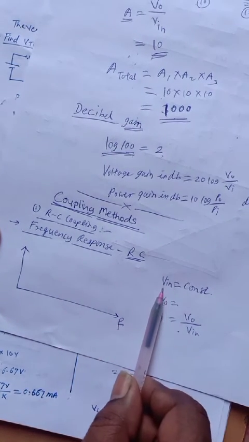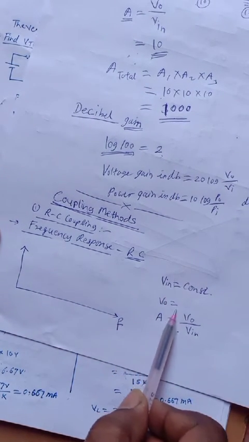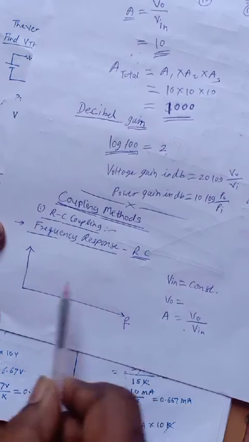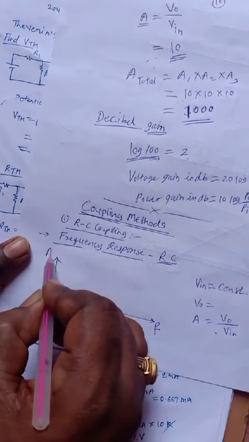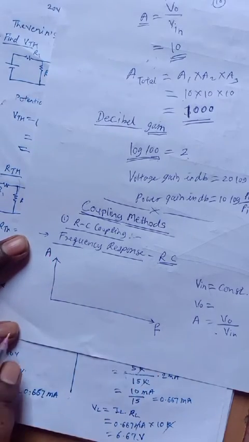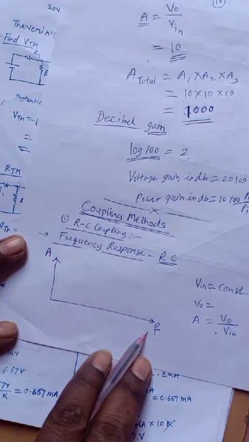We are not changing the input voltage, but still the output voltage changes because of the change in frequency. So we observe the variation in the gain with respect to the change in frequency.